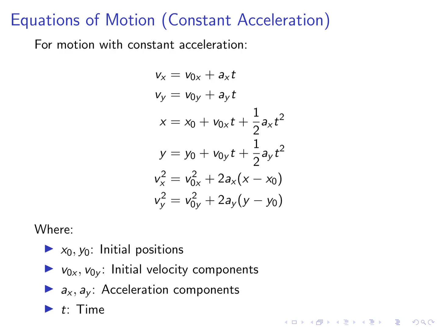For motion with constant acceleration in 2 dimensions, the equations are: vx equals v0x plus ax t, vy equals v0y plus ay t, x equals x0 plus v0x t plus 1/2 ax t squared, y equals y0 plus v0y t plus 1/2 ay t squared, vx squared equals v0x squared plus 2ax times (x minus x0), and vy squared equals v0y squared plus 2ay times (y minus y0).